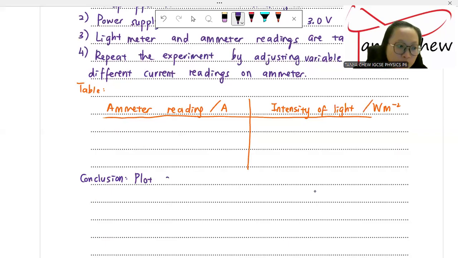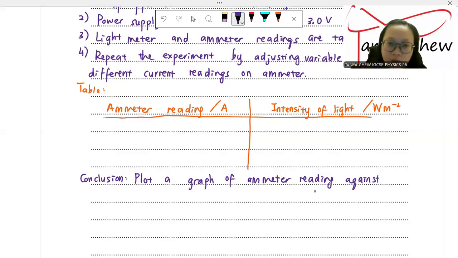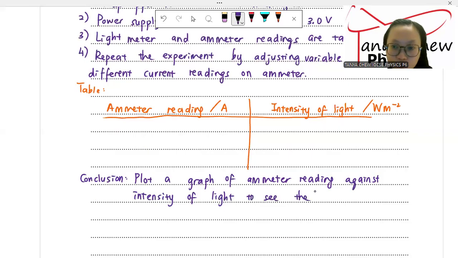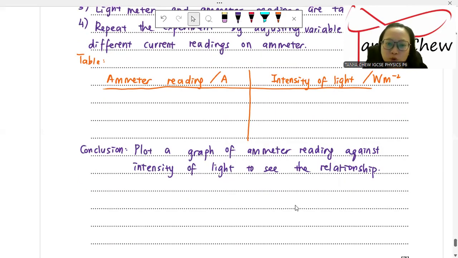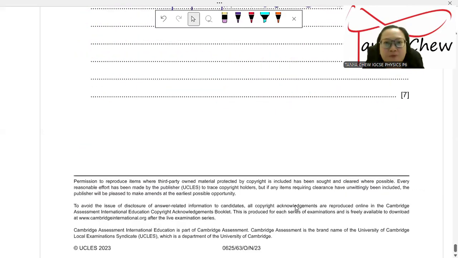I will just say plot a graph of ammeter reading, or the current, against intensity of light to see the relationship, because I don't know the relationship. I need to plot the graph. I need to conduct the experiment, because we are just a planner, right? So that is all about October-November 2023, paper 63.